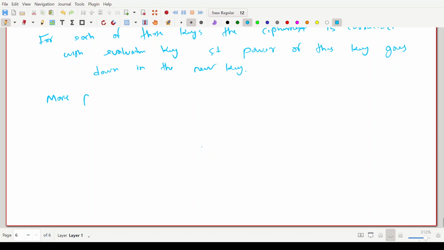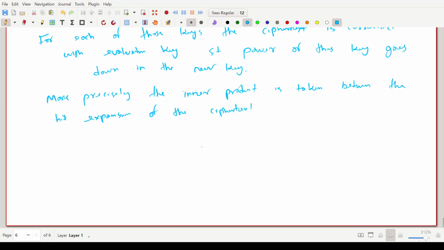More precisely, the inner product is taken between the bit expansion of the ciphertext and each of the evaluation keys.